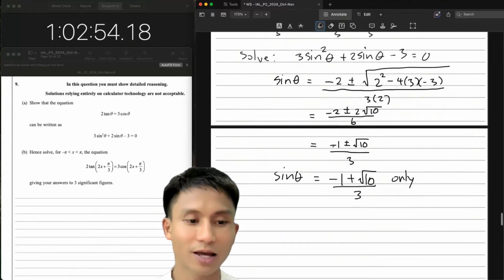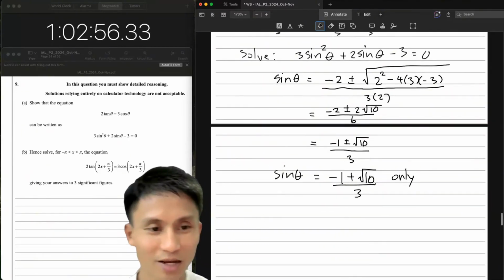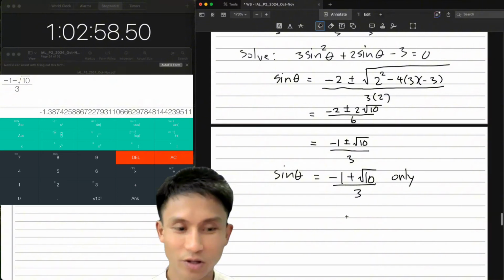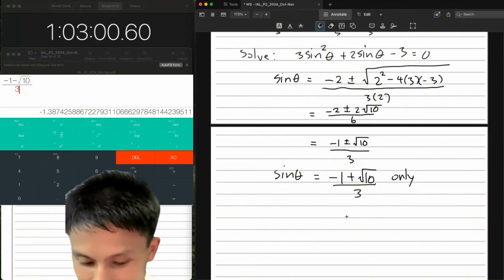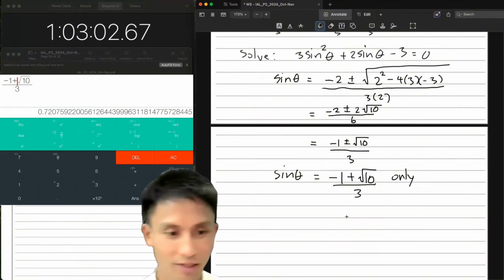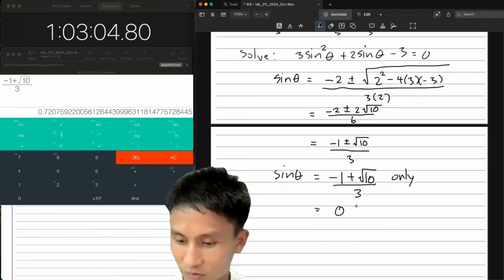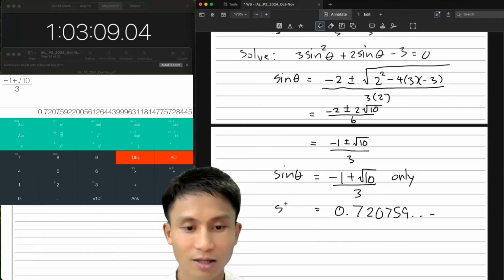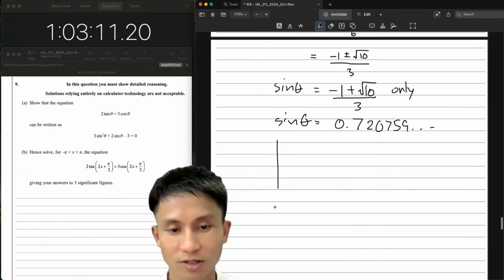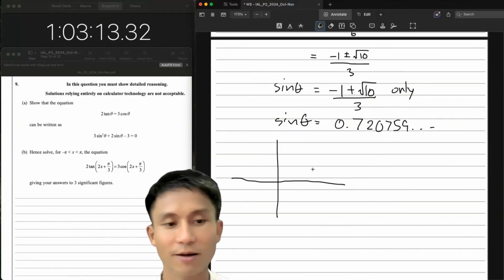Only. Okay, just so that they know that I discard one of them. So we're only going to take this root where that is a plus instead, which is 0.720759 and so on.